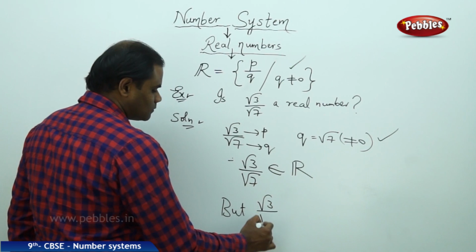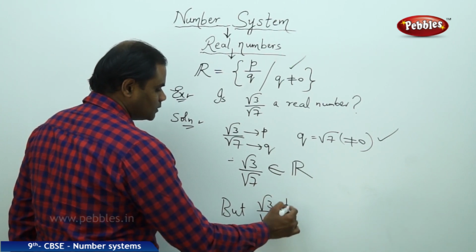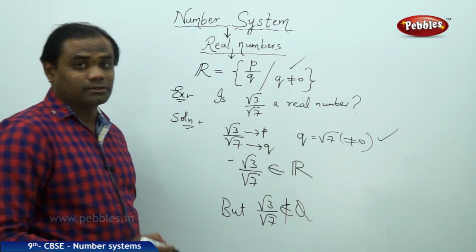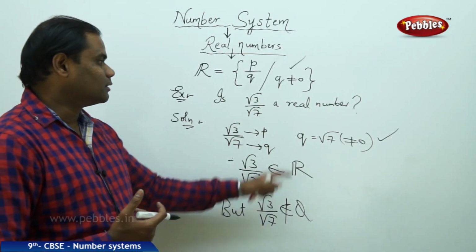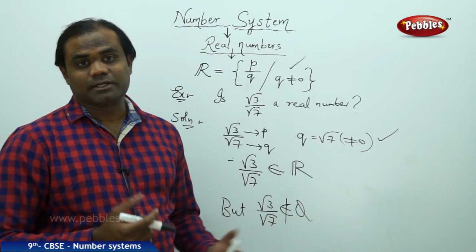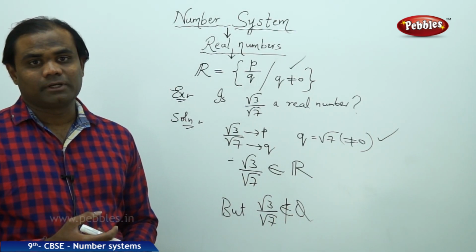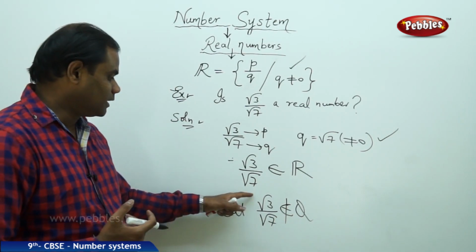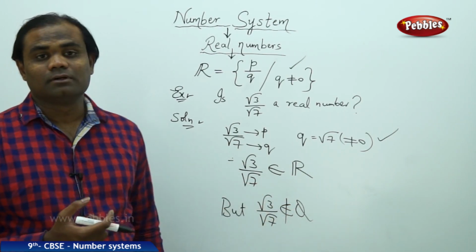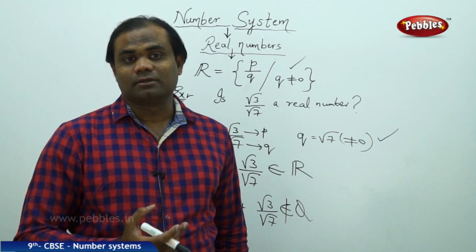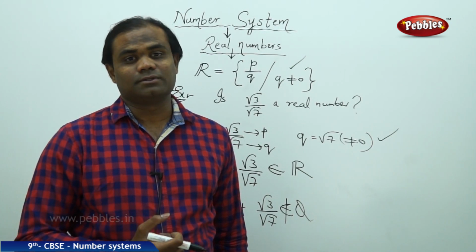Root 3 over root 7 is not a rational number, is how we understand the difference between a real number and a rational number. A rational number has the numerator and denominator as integers, but in a real number the only condition is that the denominator should never be equal to 0.